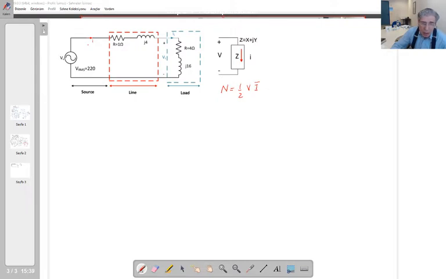So I can write 1 over 2 V, where V is the phasor of the voltage of this impedance. This is equal to Z times I. What I have done is use the definition relation of the impedance Z, multiplied with I conjugate.